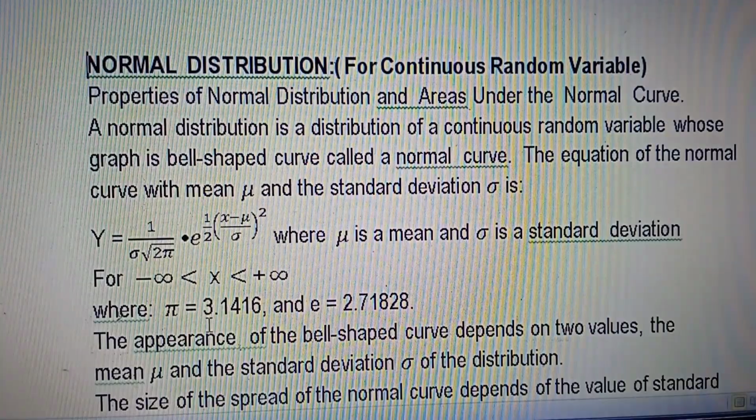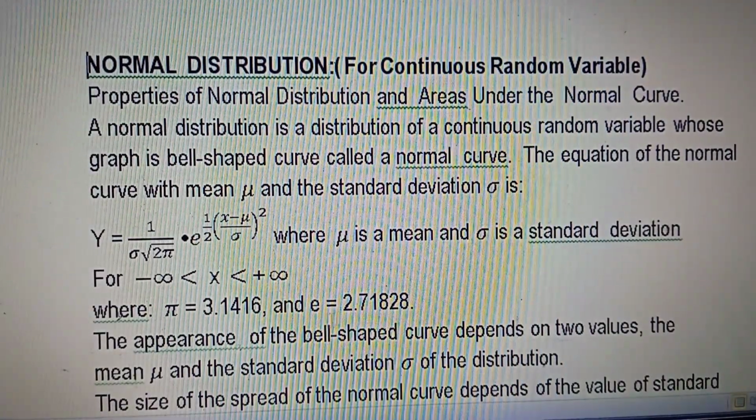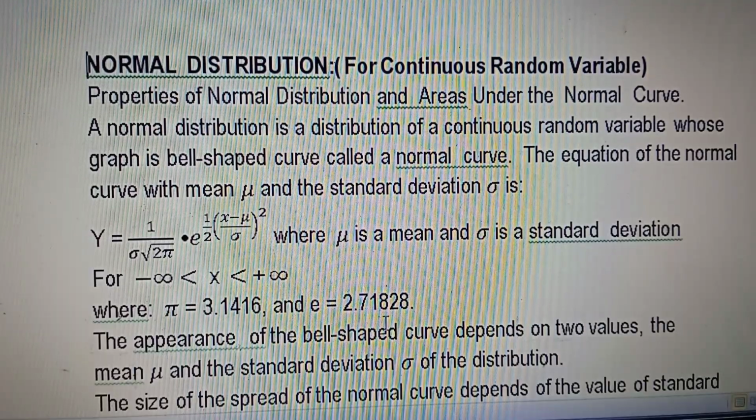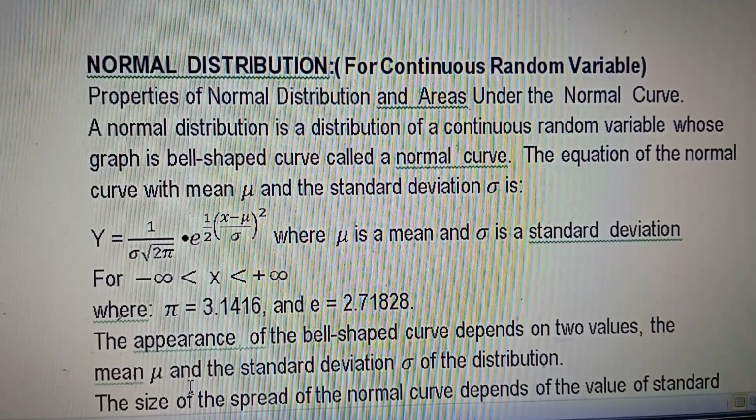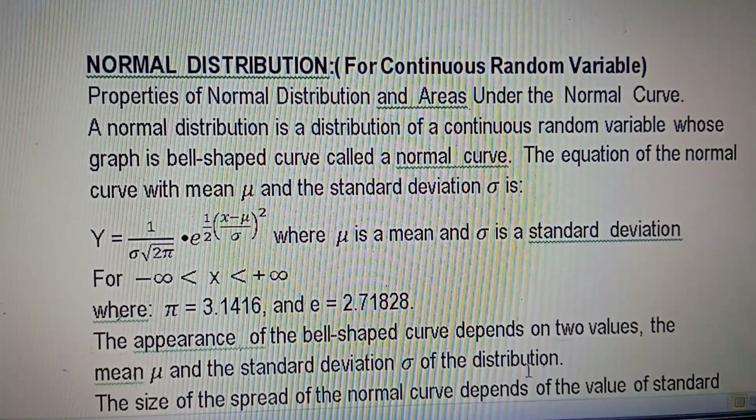Where the value of pi is 3.1416 and e is 2.71828. The appearance of the bell-shaped curve depends on two values, the mean mu and the standard deviation sigma of the distribution.